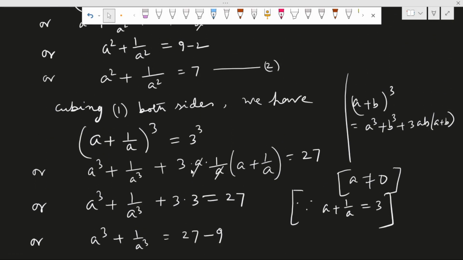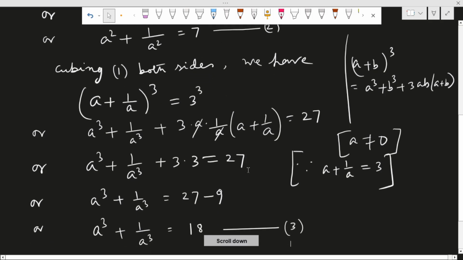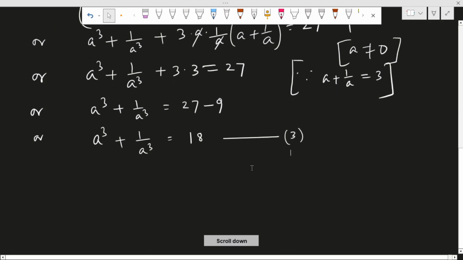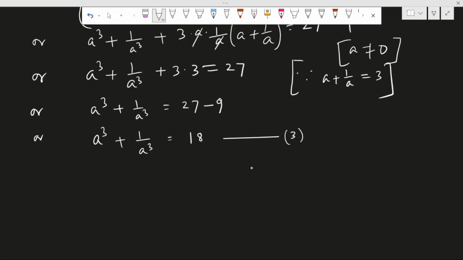Now multiplying equation 2 and 3, so that we will get a to the power 5 and 1 by a to the power 5.